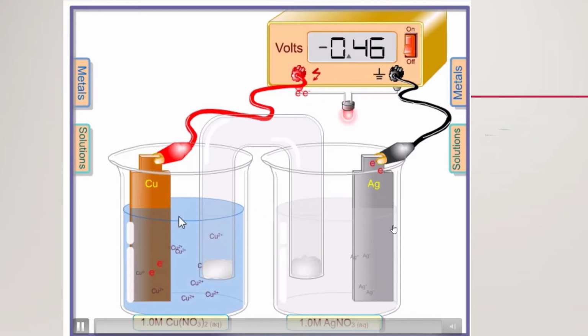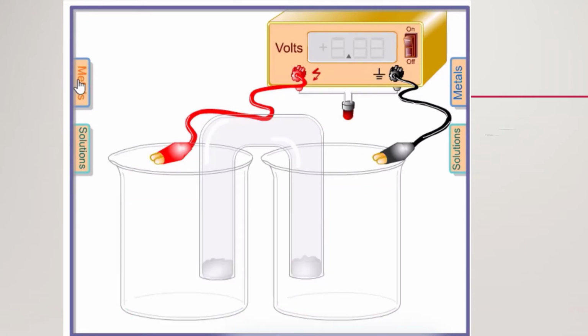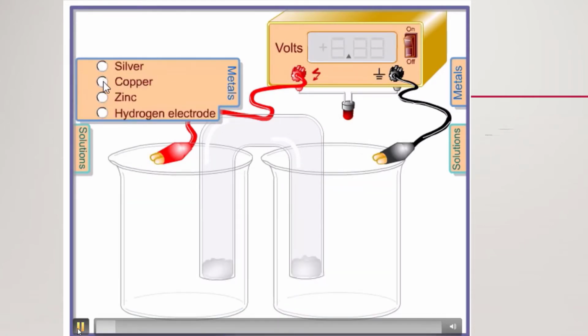The electrons go to the other electrode, the cathode, which is silver, and it accepts the two electrons, and to neutralize this excess charge, it abstracts more of the silver ions present in the silver nitrate solution.